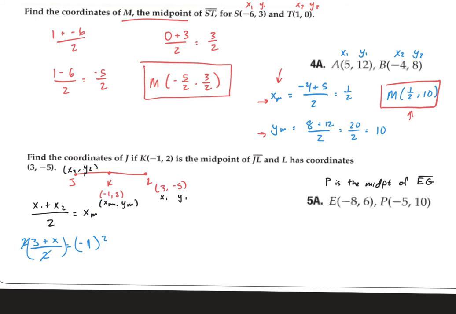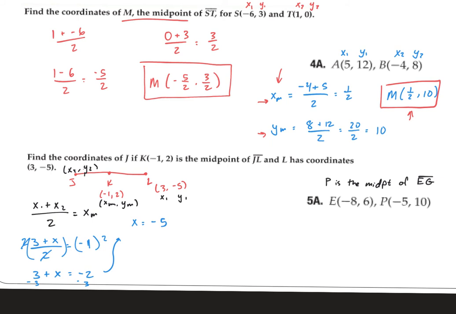This will cancel on this side, and now I have 3 plus x is equal to -2. I'm going to subtract 3 from both sides, which means I now have x is equal to -5. And that is the x of the J point.